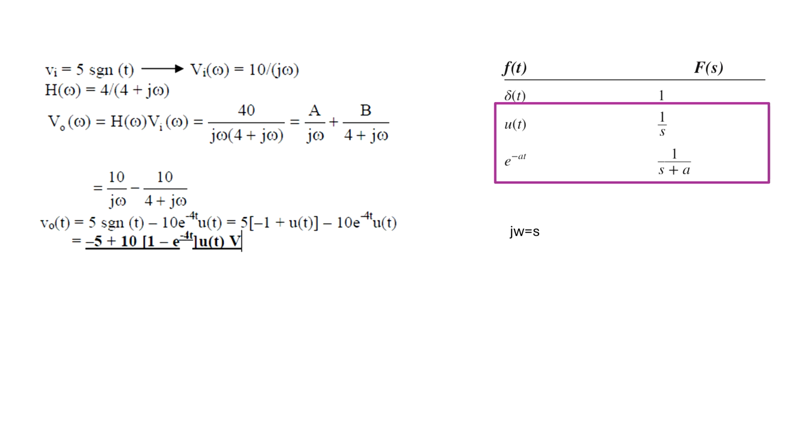Because the denominator is complex, we need to solve this using partial fractions. Once you solve using partial fractions, you get 10 over j omega minus 10 over 4 plus j omega. From this, you can refer to your Laplace transform table, and you get -5 plus 10 times (1 minus e^-4t) u(t) volt.